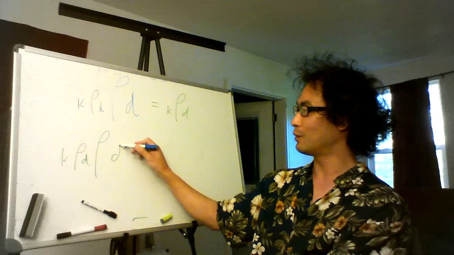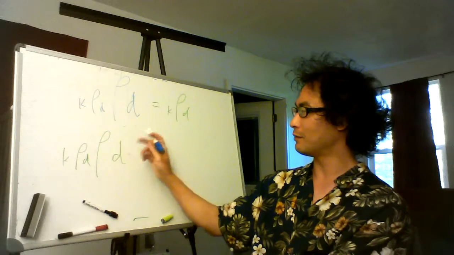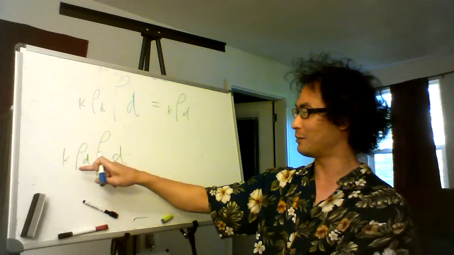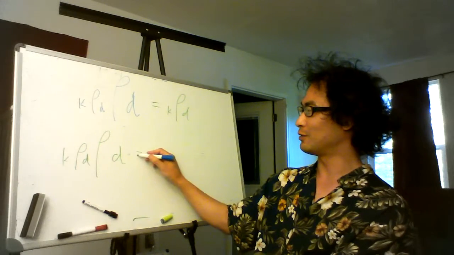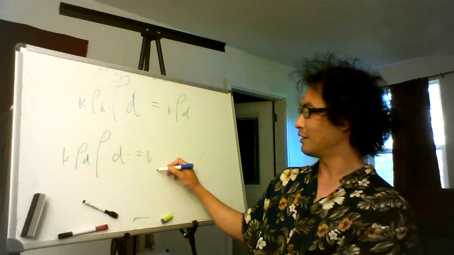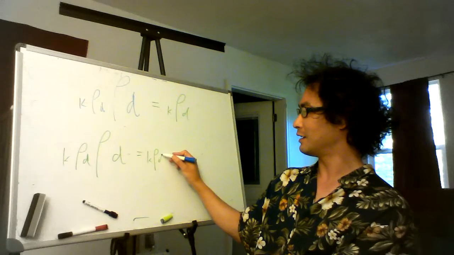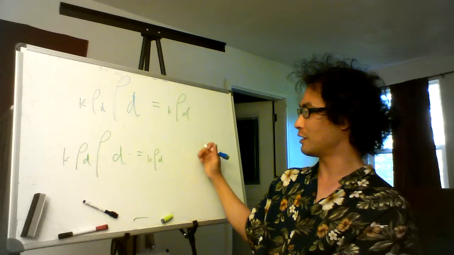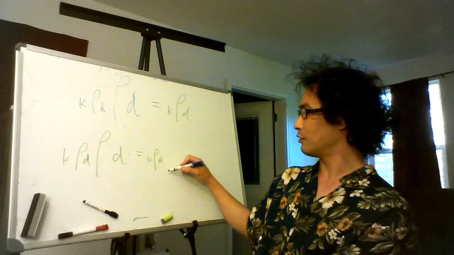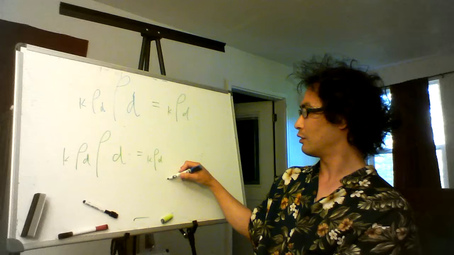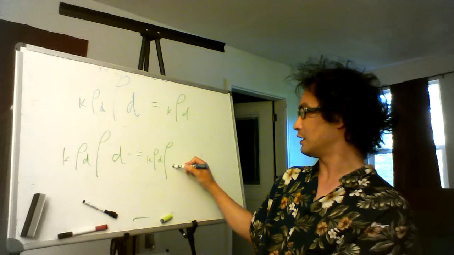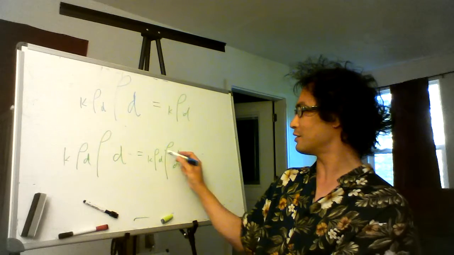So rho D, matching this upper limit and lower limit, is equal to K rho D, a bit smaller than this guy. And then you have rho d. It has to match this size.